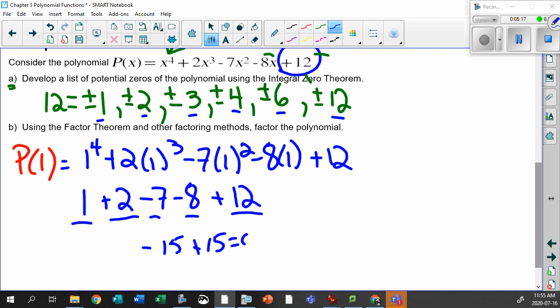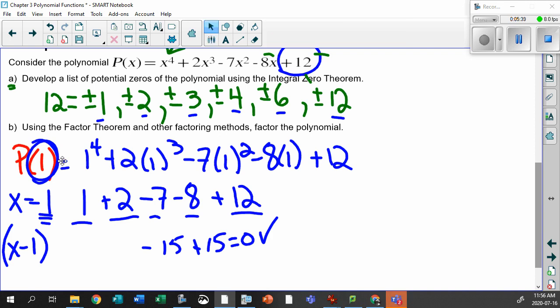We found it on the first shot. We found out that this gives us no remainder, which means x equals 1. That's what we'd use in synthetic division, but for the actual factor, you have to bring it over to the other side. There's your first factor. So I wonder, knowing this now, what is left after we divide this out using synthetic division?